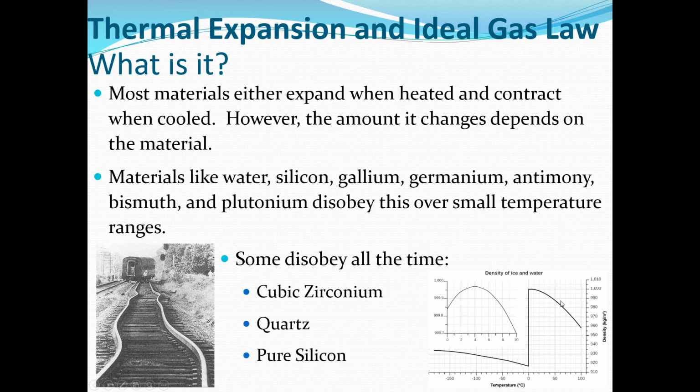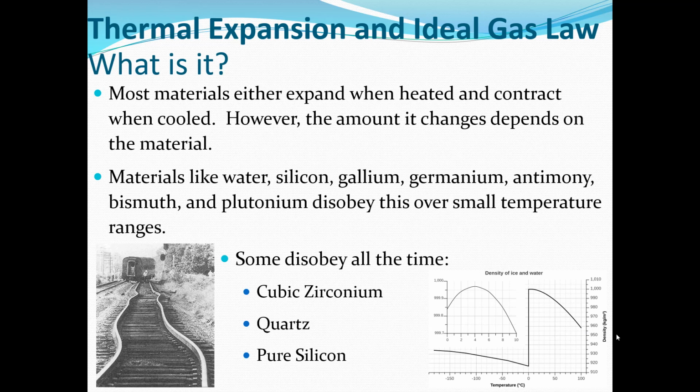So this kind of shows the density of ice. Here, when the temperature is above zero and it's in its water phase, you can see its density is constantly increasing, which makes sense as it's being cooled because it's contracting, it's getting more and more dense, it's getting to that solid phase.